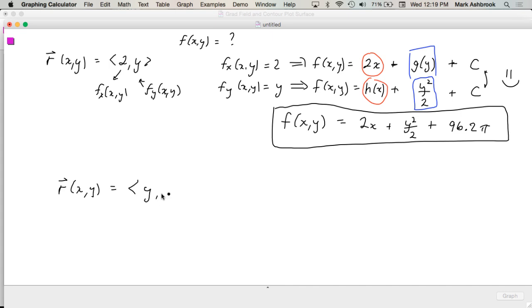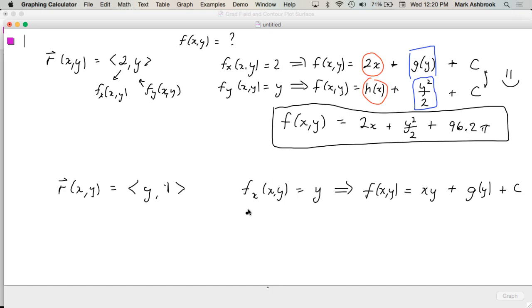Let's do y comma 1. If that's a gradient field, then our partial with respect to x is y, meaning that that gives us a certain view of this function. Now we're doing the partial antiderivative: xy plus some function just of y plus a constant.